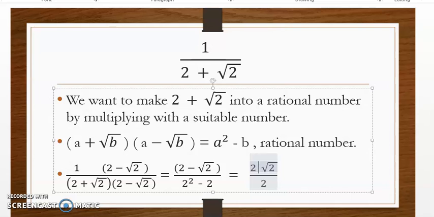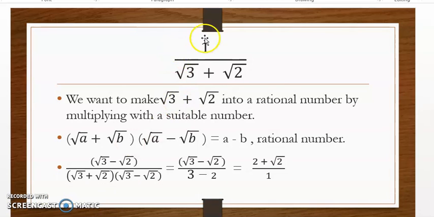So 2 square is 4, 4 minus 2 is 2. So the denominator becomes 2, and the numerator becomes 2 minus root 2, and you can see the denominator is now a rational number.